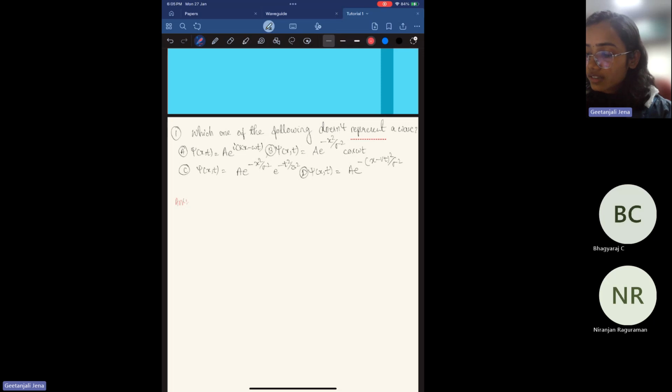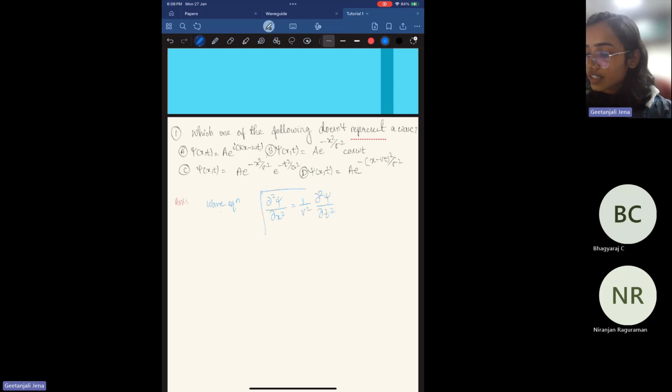So let us see what the equation for a wave is. The wave equation, for a one-dimensional medium, is dou square psi by dou x square equals 1 by v square times dou square psi by dou t square.